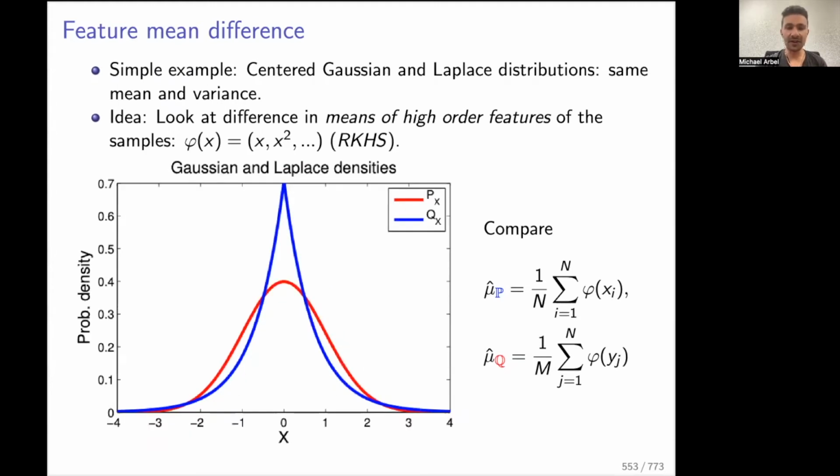But now, if you are given a more diverse set of distributions that includes, for instance, a Laplace distribution, and you'd like to compare it to a Gaussian, take the scenario where both distributions have the same mean and variance. We still know that these are two different distributions because they have very different densities.